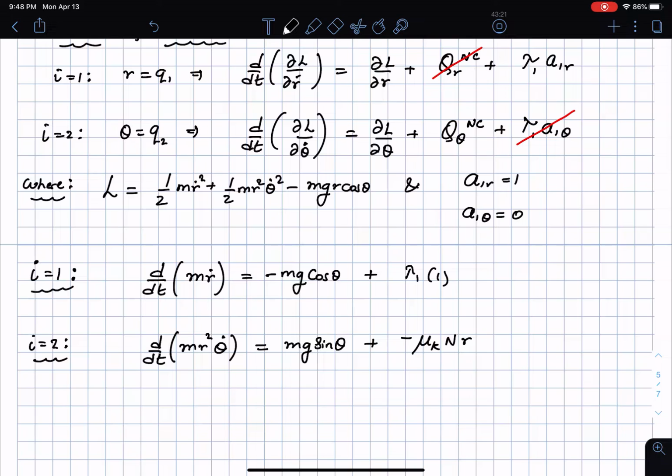Okay, and I'm also going to have this is 0 times lambda 1. Okay, so far so good. This is the situation that we are having in this particular problem.